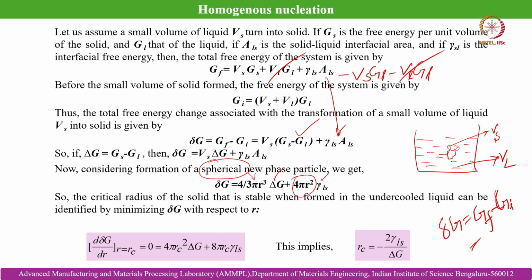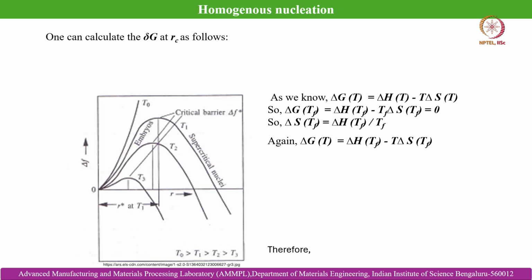So, this is how we can calculate the value of the critical radius of nuclei for a given delta G value. One can then calculate the delta G at rc.